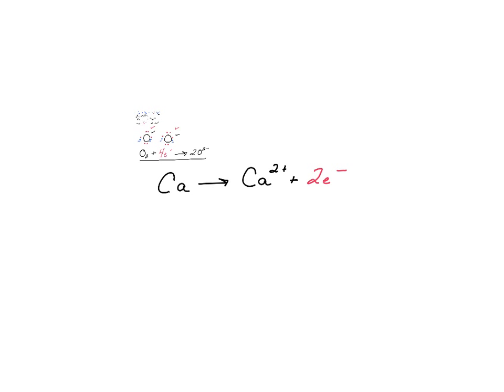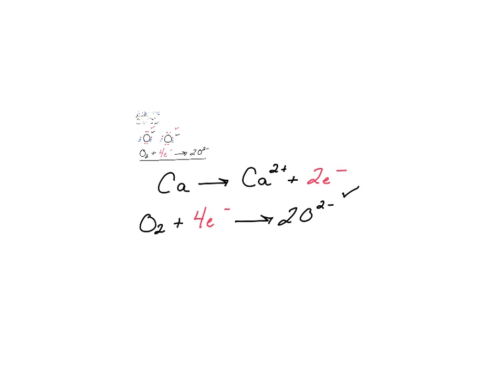And the other half reaction is oxygen, O2, plus 4 electrons to produce, or to yield, 2 oxygens each with a 2 minus charge. And this is how redox reactions are balanced.